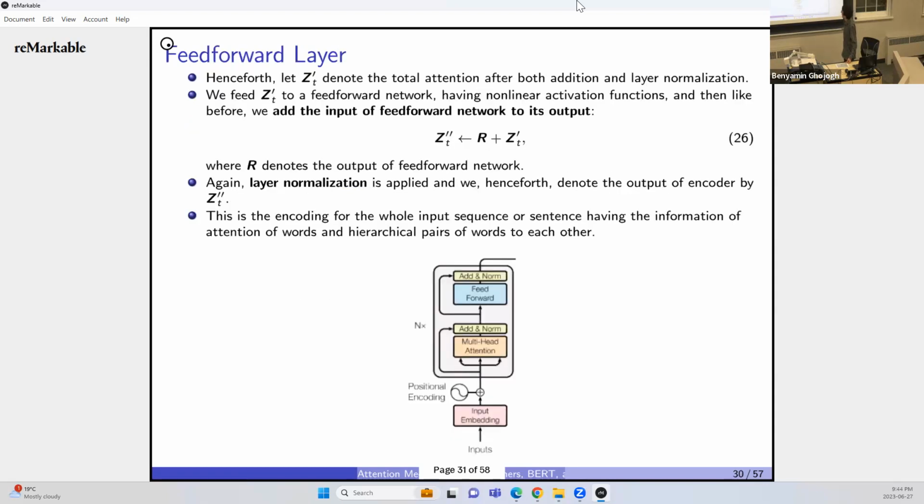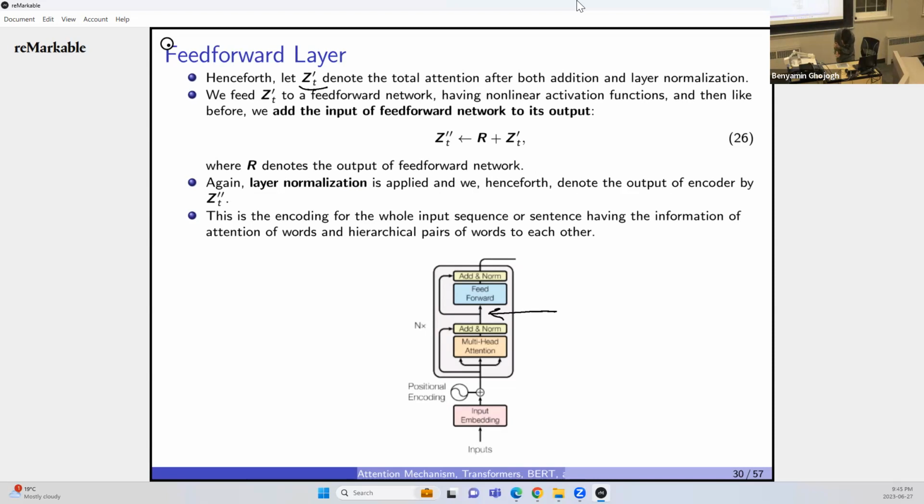Then we are here now. We are going up, right? Then we have feed-forward layers. So henceforth, we have ZT prime, which is after add and norm. Then what do we have? We have the feed-forward neural network.